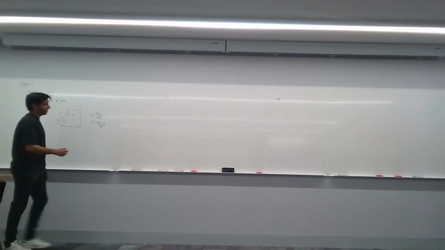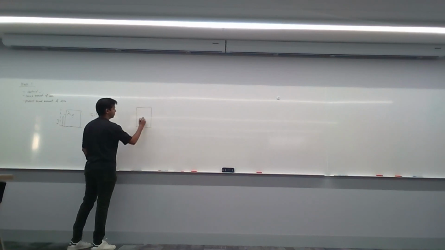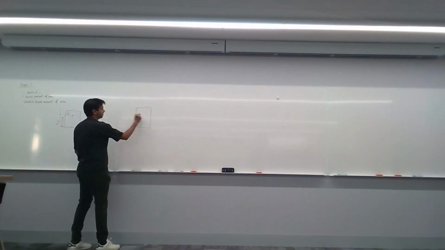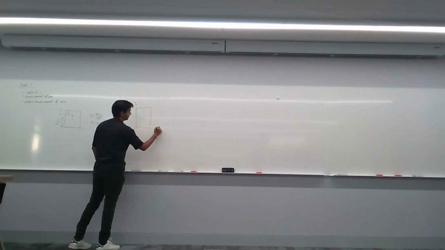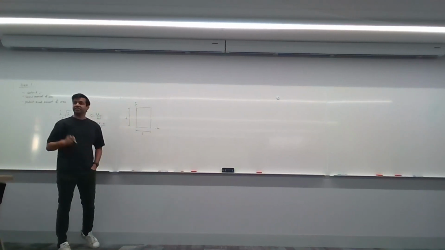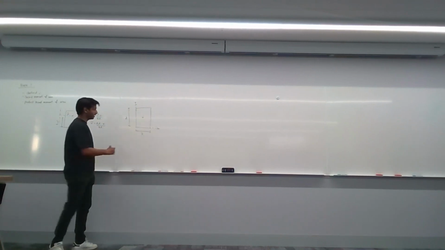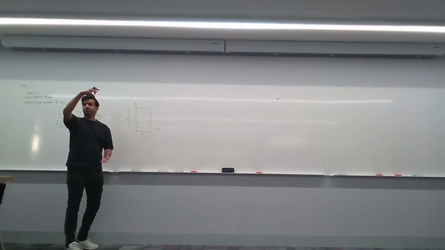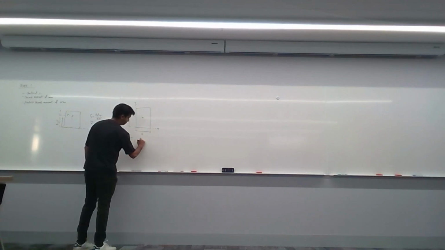Now, second moment of area. You can think about it as resistance to rotation. So let's say this is the y-axis, and that is the x-axis, and this is b, and that distance there is d. Then the second moment of area with respect to the centroid here for an upright square or rectangle is b d cubed over 12.